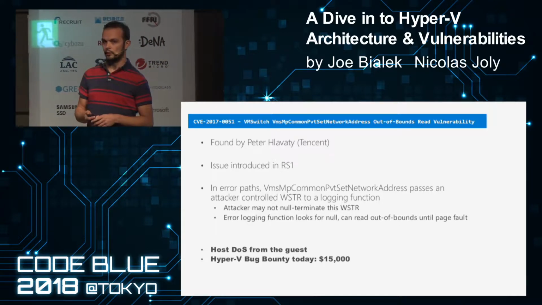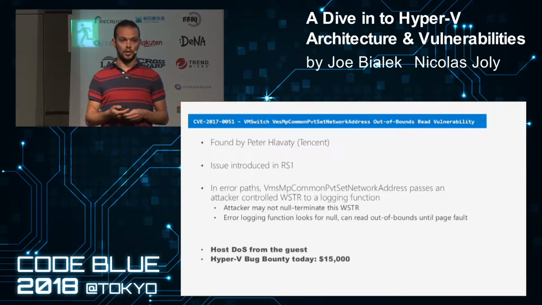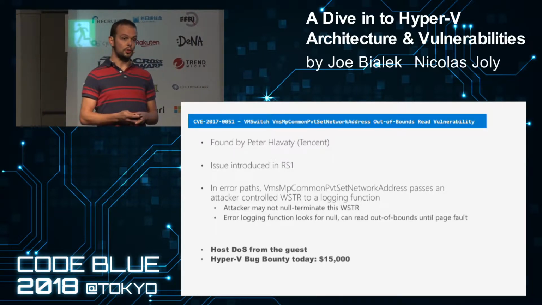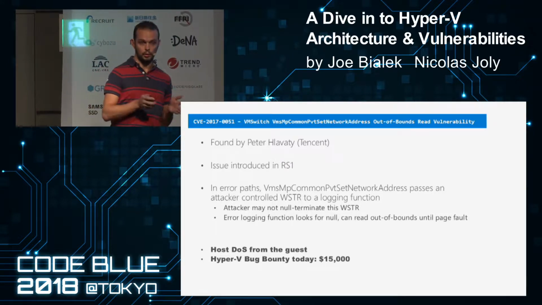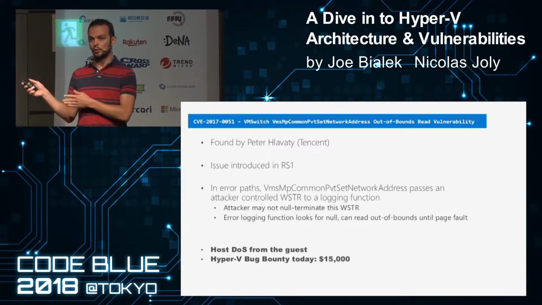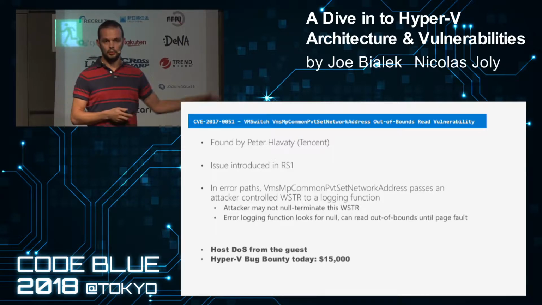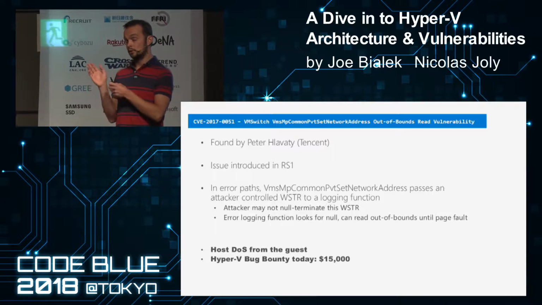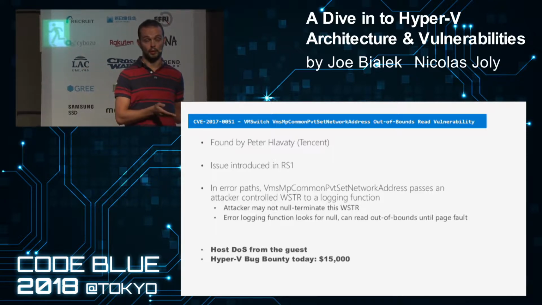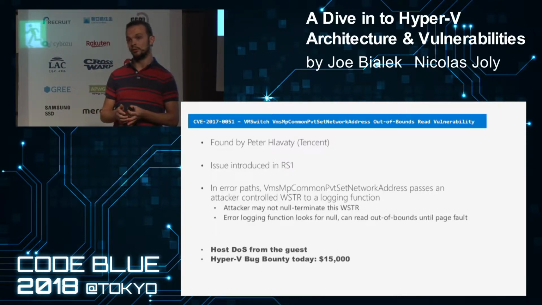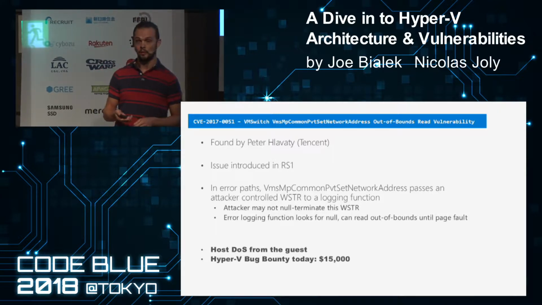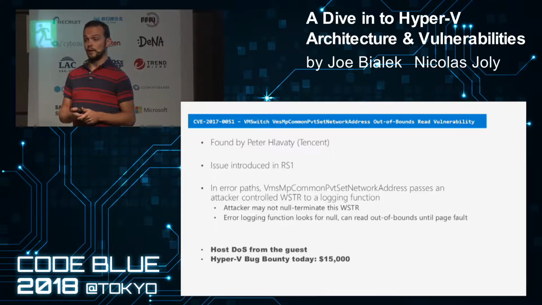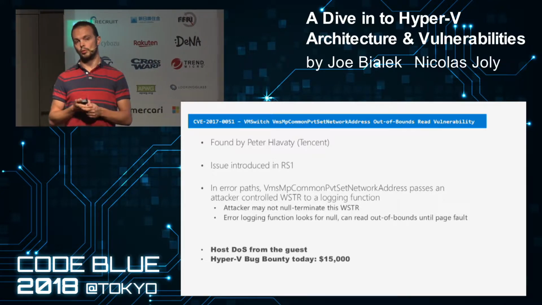What was happening there is that between TH2 and RS1, the developers added a function that was actually reporting errors. In the set network address function, if an error was detected, that function was logging the string. And it turns out that we didn't check if the string was null terminated.